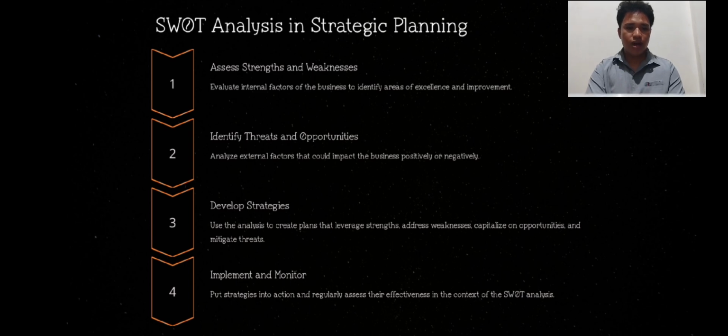Third, develop strategies. Use the analysis to create plans that leverage strengths, address weaknesses, capitalize on opportunities, and mitigate threats. Fourth, implement and monitor. Put strategies into action and regularly assess their effectiveness in the context of the SWOT analysis.